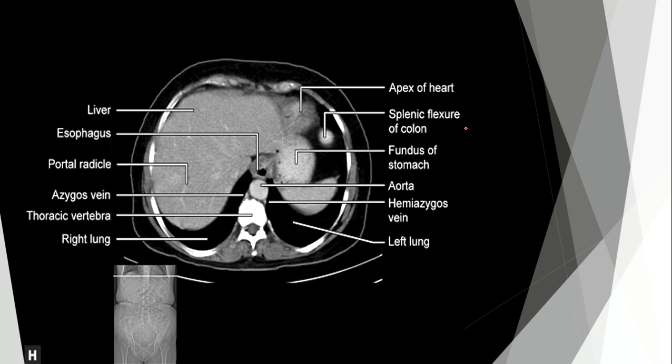As I said before, on your right you see the left side of the patient, and on your left you see the right side of the patient. So that is why you see the liver here. Okay.